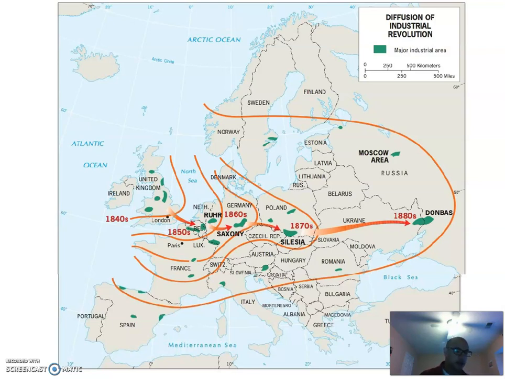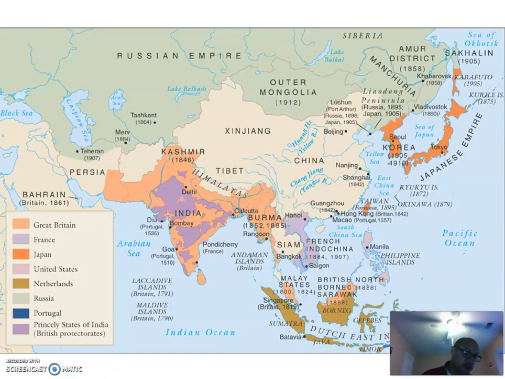And iron ore is dispersed along a very similarly located belt. So again, notice how the Industrial Revolution followed the geography in a lot of ways. Not to mention that colonial empires provided countries like France, Britain, Belgium, the Netherlands, and Germany eventually access to necessary capital and raw materials that were necessary for industrialization.